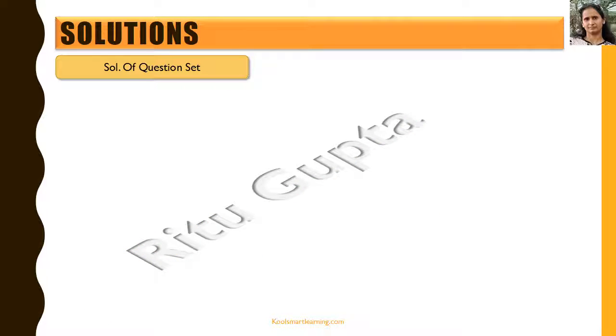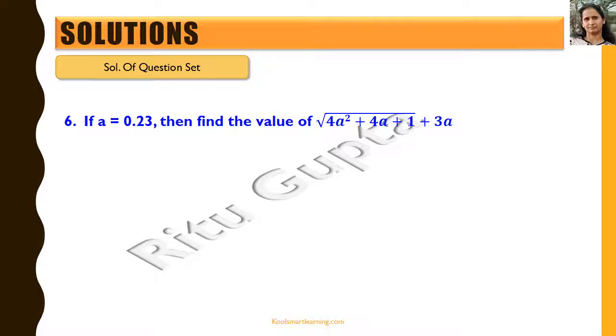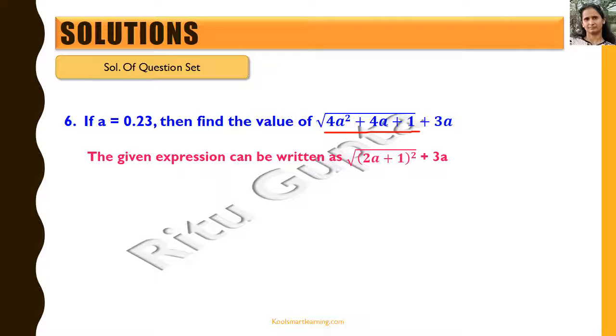Now let's look at the last question of the advanced level. We're given this value of a, which is 0.23, and we need to find out the value of the square root of 4a square plus 4a plus 1, plus 3a. Now this expression 4a square plus 4a plus 1 can be written as 2a plus 1 whole square, and then the square root of this thing plus 3a becomes nothing but 2a plus 1 plus 3a.